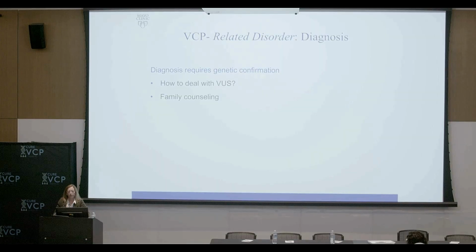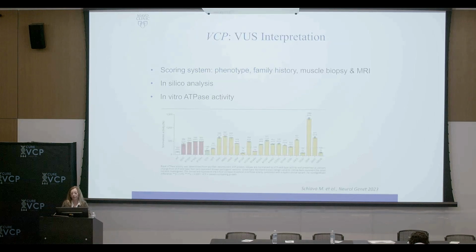Now, the diagnosis essentially requires a genetic confirmation, but because there are multiple multisystem proteinopathies, they can have quite similar phenotypes. One problem that comes up is how to deal with variants of unknown significance and family counseling. I'm not going to discuss family counseling here, but I would like to touch on the variant of unknown significance.